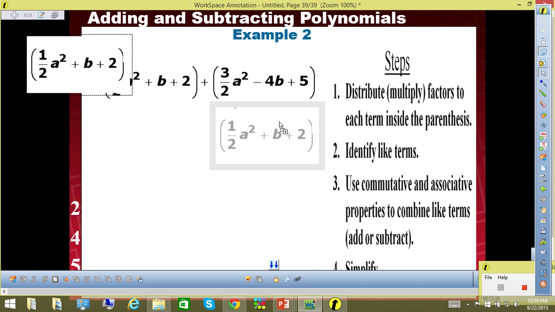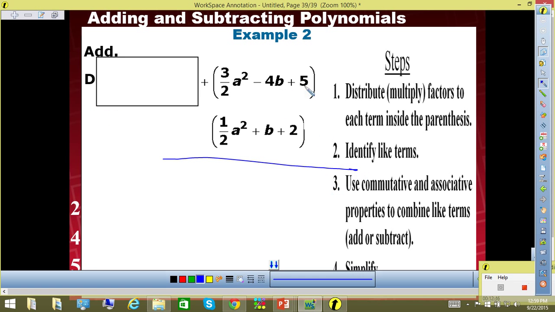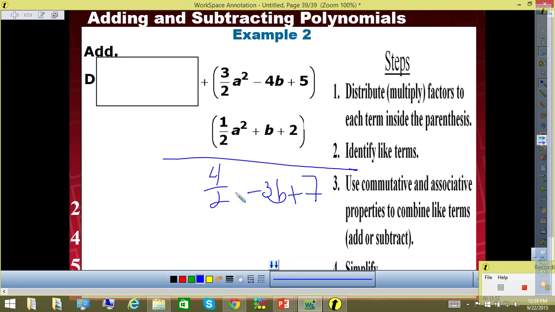If I place this underneath here, therefore, 5 plus 2, 7, negative 4 plus 1, negative 3b, 3/2 plus 1/2, that's 4/2, a squared, and we can simplify this to 2a squared minus 3b plus 7. Did you see what I did? Yes.